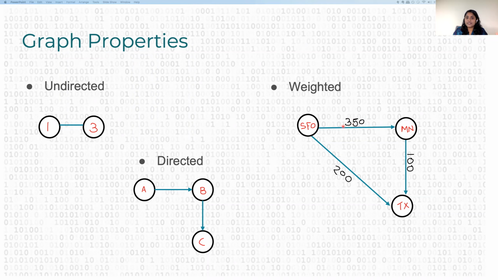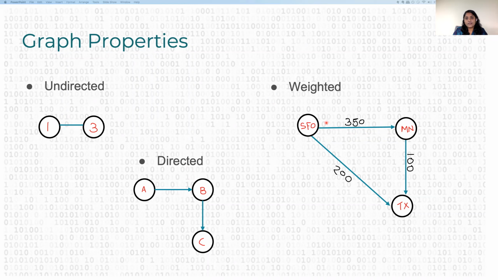So that is represented within the edge. And we use weighted graphs in a lot of real-time scenarios, and we'll get to that as we go. But these are the common properties of a graph. If a graph has directed edges, it's typically called a directed graph. And if it just has undirected edges, then it's called an undirected graph.